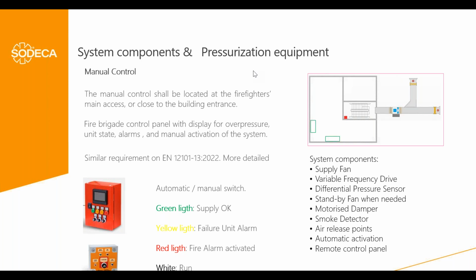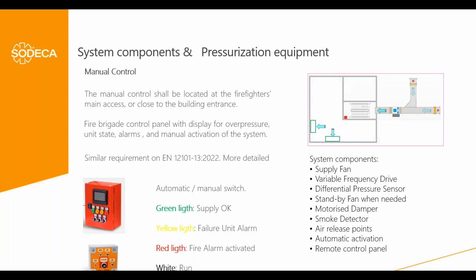Second point about control is manual control of the system. It is always necessary to have this manual control for the firefighters that shall be located in the main exits or close to the building entrance, so that the fire brigade can control this system. There are different possibilities, but the minimum that Part 13 requires for these systems is to provide an automatic manual switch, typically with 3 positions: 0, manual or automatic.